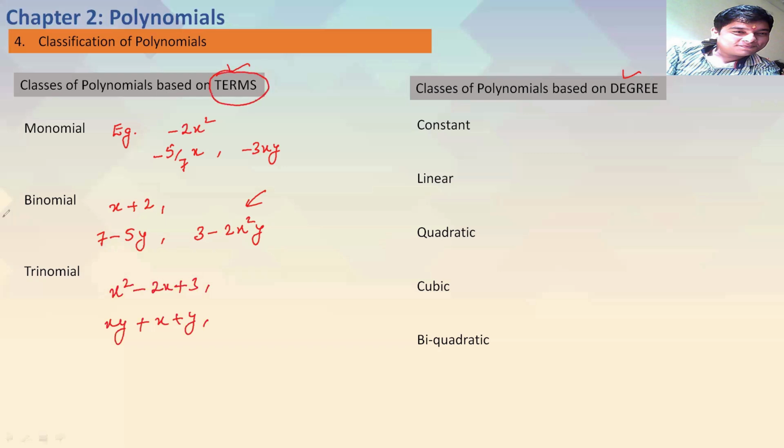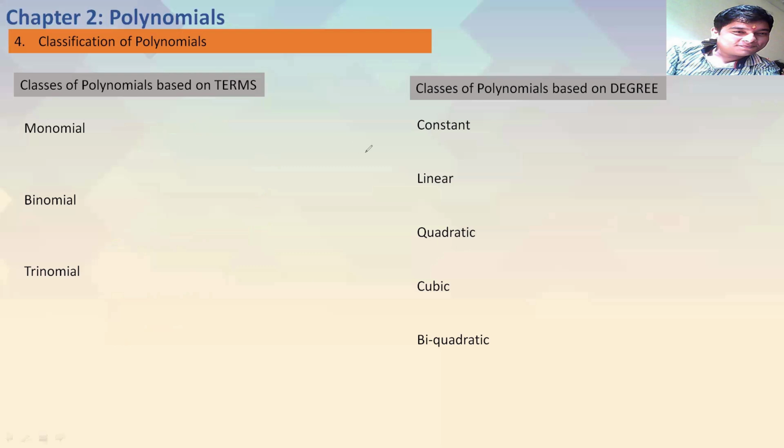Now let's think about classification based on degree. I told you, Ankita, polynomials will always have whole numbers as power, and whole numbers begin at 0.